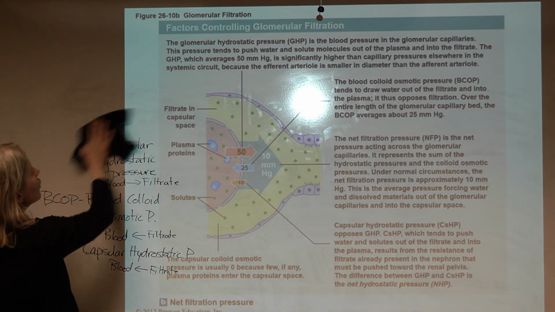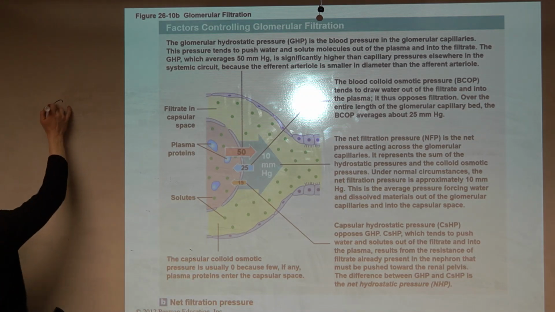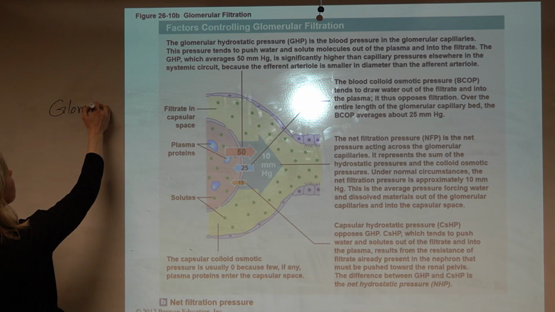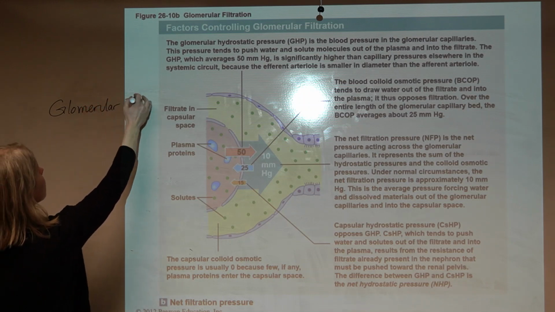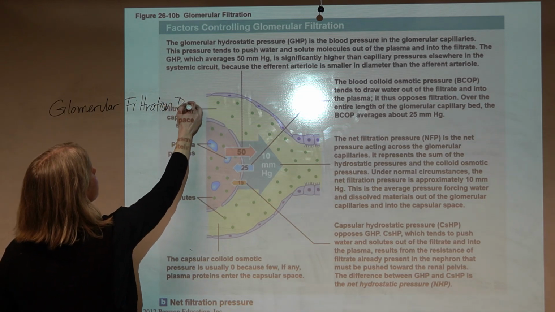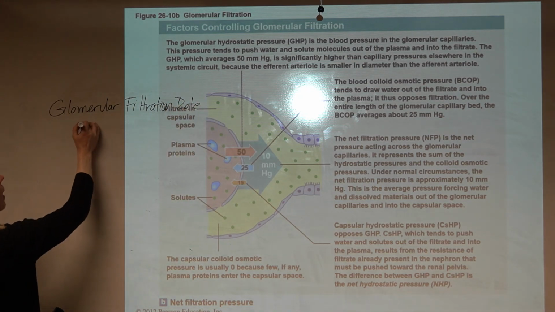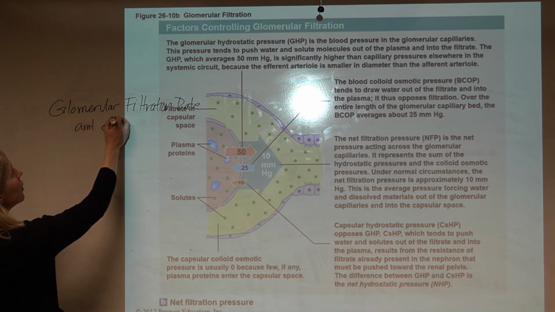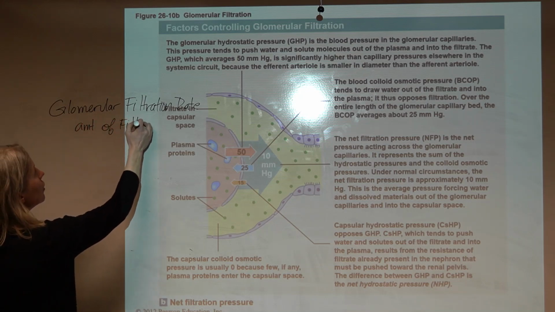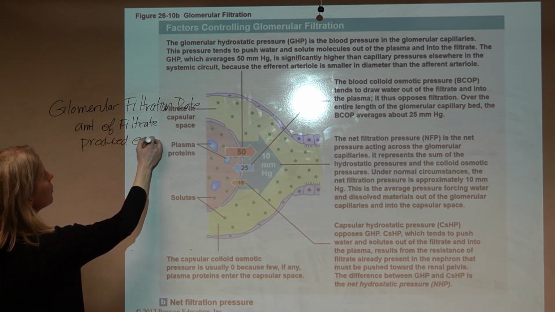So the glomerular filtration rate then is the amount of filtrate produced each minute.